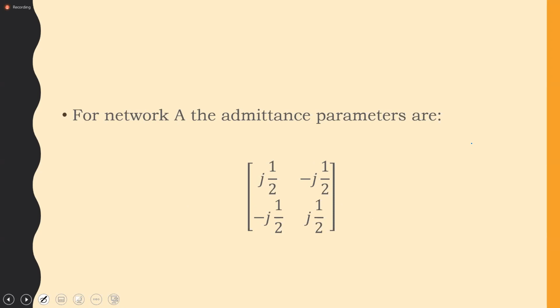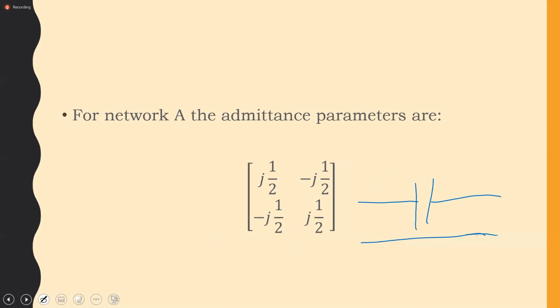Yes, sir. I'm just asking for Y11, why is it positive instead of it being negative because of the capacitor? This is the network we're looking at.